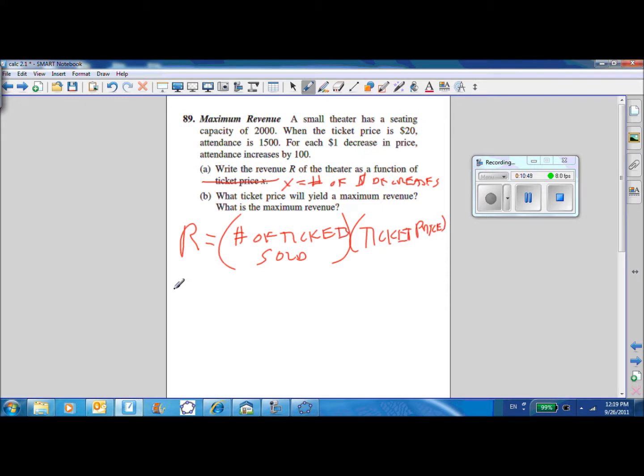So, in this case, number of tickets sold is, we start off with attendance at 1,500, but we're going to gain 100 people for every dollar decrease. So we're going to add 100 times x. x is the number of dollar decreases.